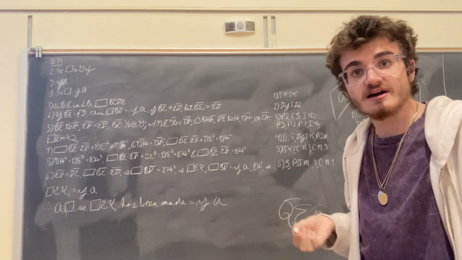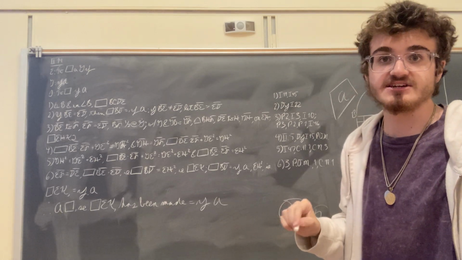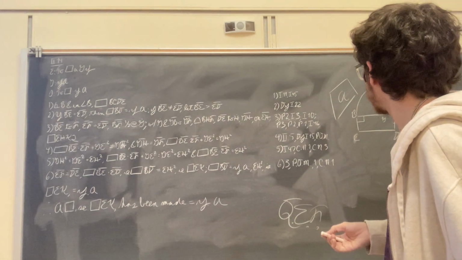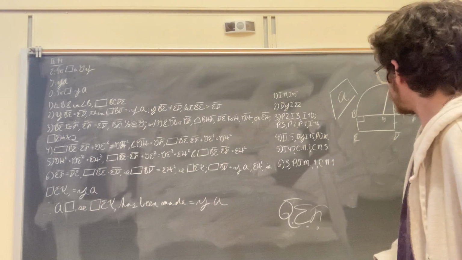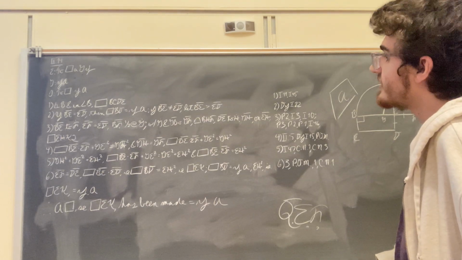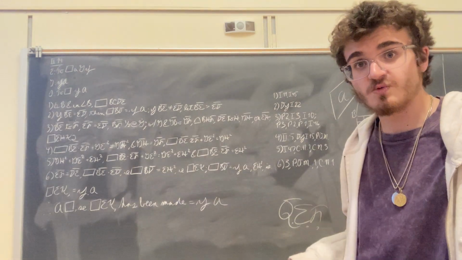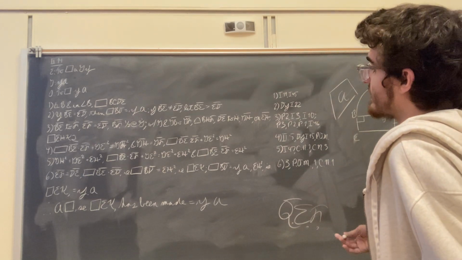Now, using proposition 2.5, that if a straight line be cut into equal and unequal segments, the rectangle contained by the unequal segments plus the square on the straight line between the points of section will equal the square on the half.